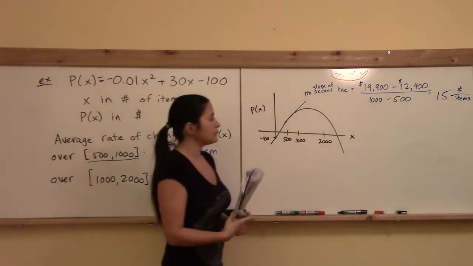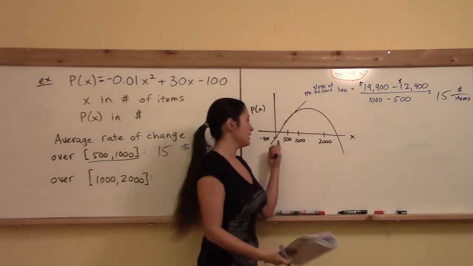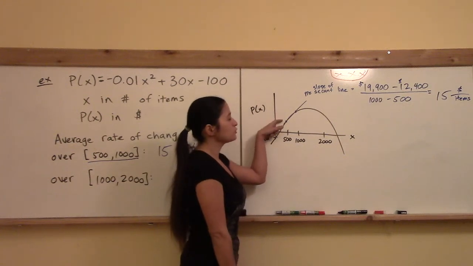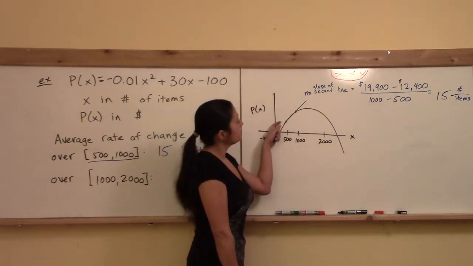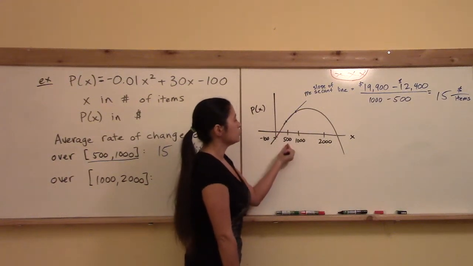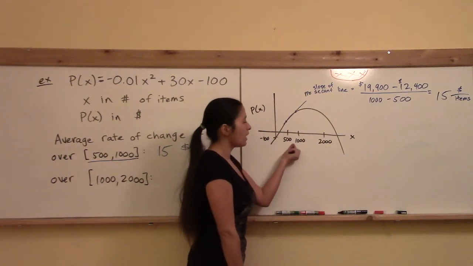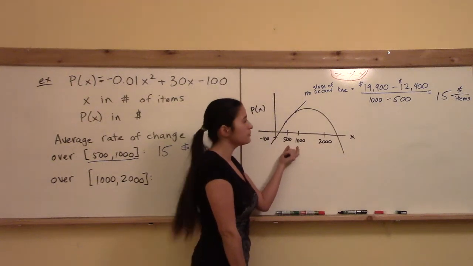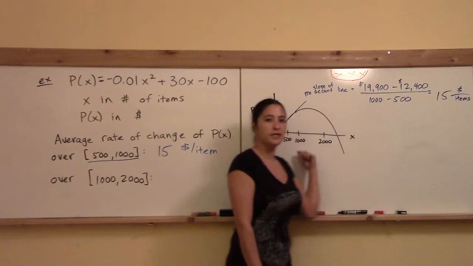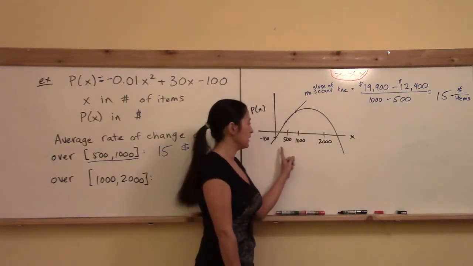So what this says to me is that when I'm producing and selling 500 items, I'm going to make $12,400. When I'm producing 1,000, I'm going to make $19,900. So for every one more item that I produce in this interval, I'm going to make approximately $15 more for each item that I increase, okay?